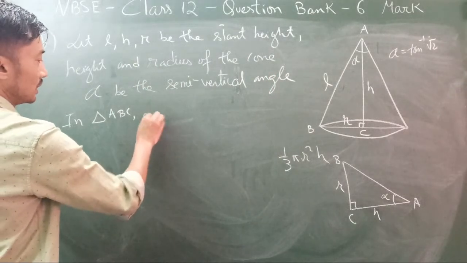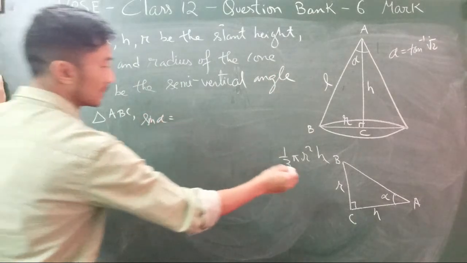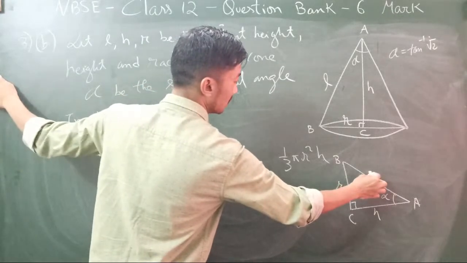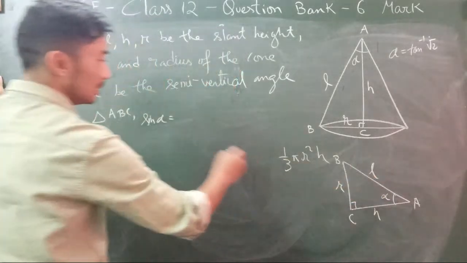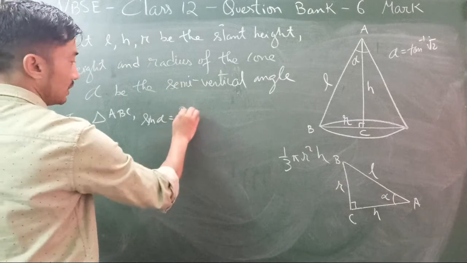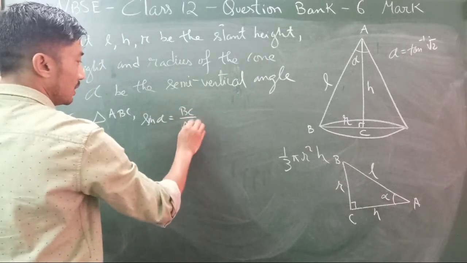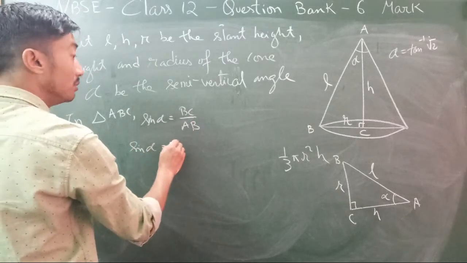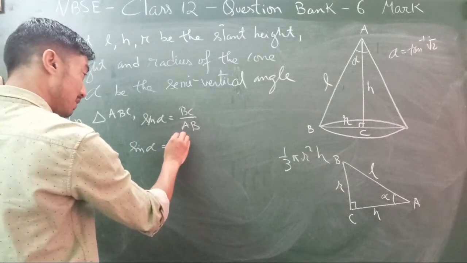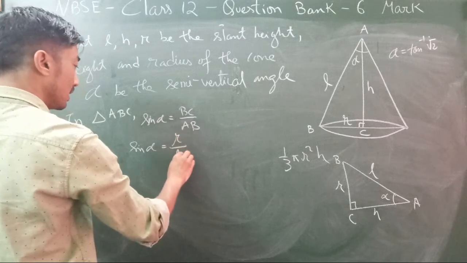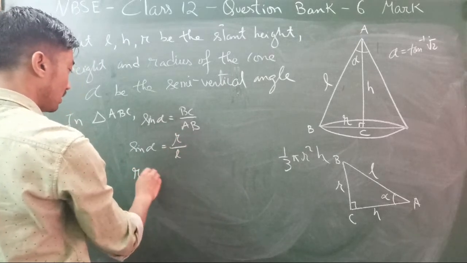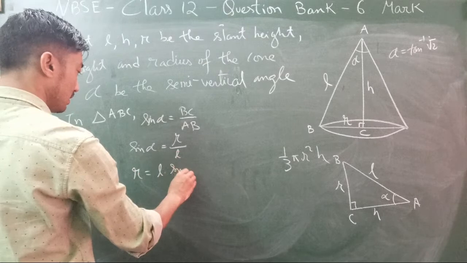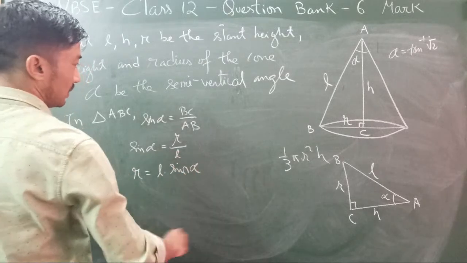We know sine of alpha is BC by AB, so sine alpha is R by L. That means R can be written as L sine alpha.